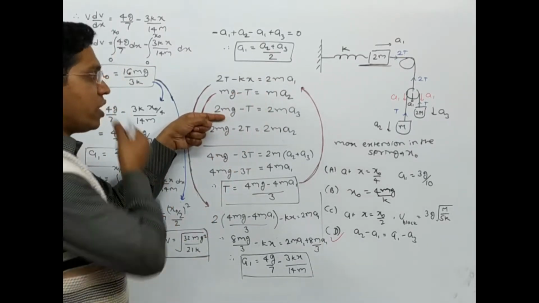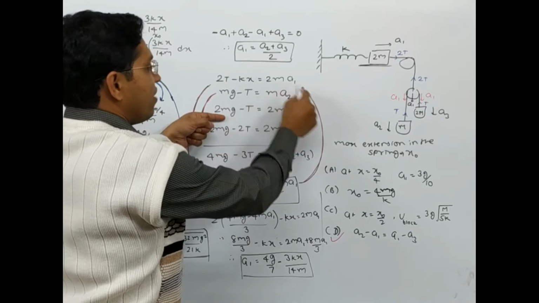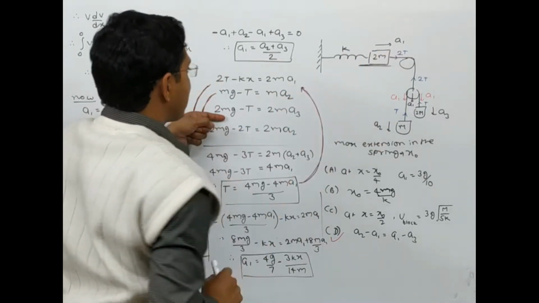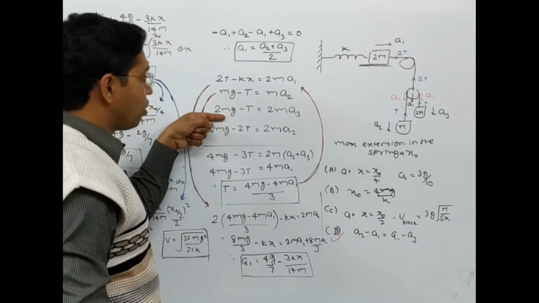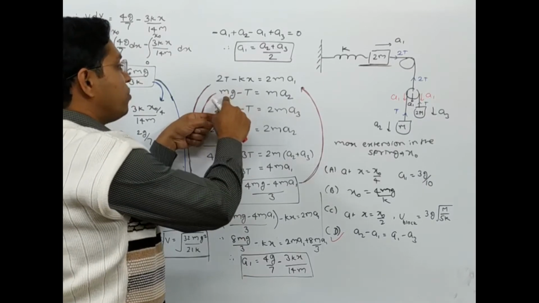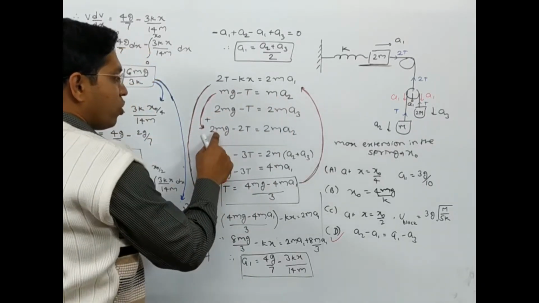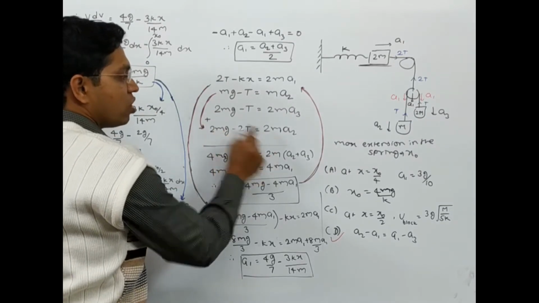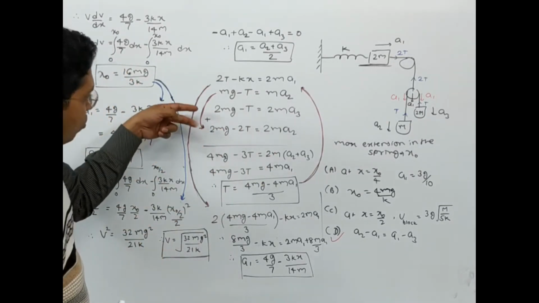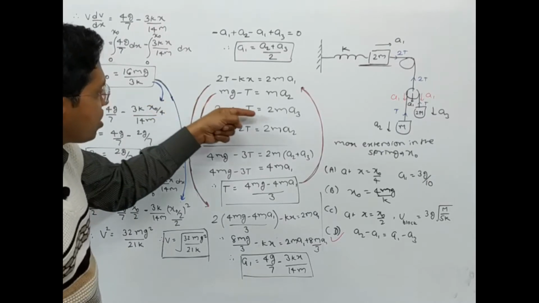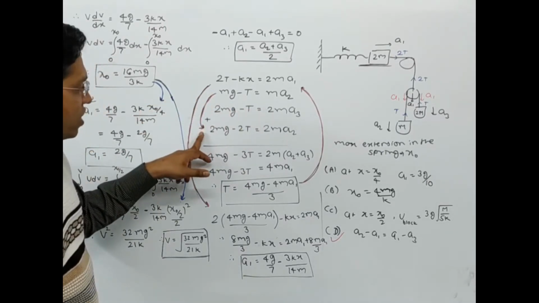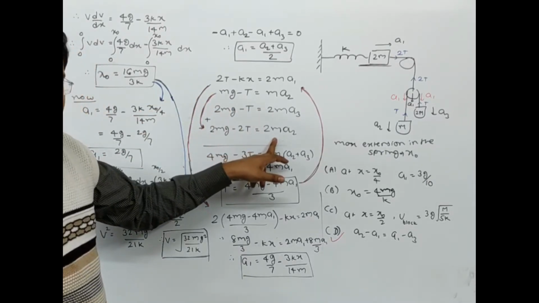Now what I want is I just want to write a1 in terms of x, so I'll have to eliminate T. For that, first of all, mg minus T equal to ma2, so I'll multiply this equation by 2. Then what I'm going to get, 2mg minus 2T equal to 2ma2. Now I'll add this 2mg minus T equal to 2ma3 with 2mg minus 2T equal to 2ma2.